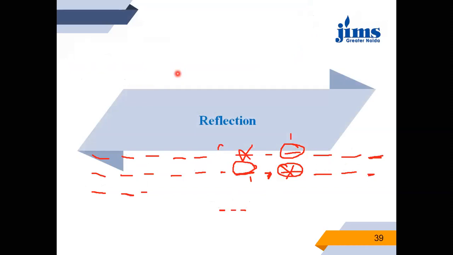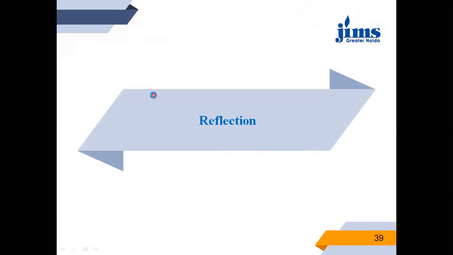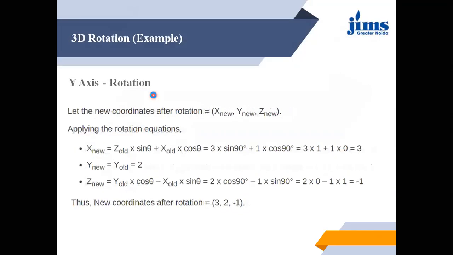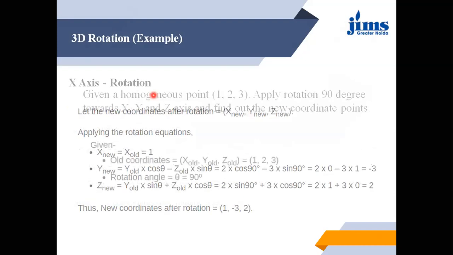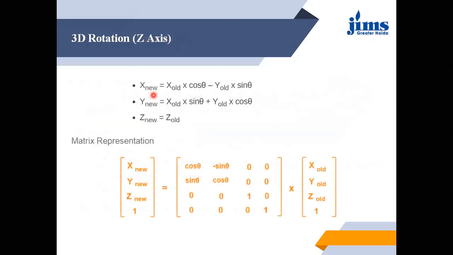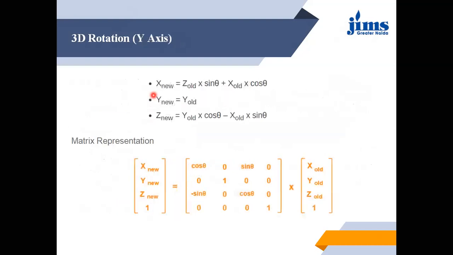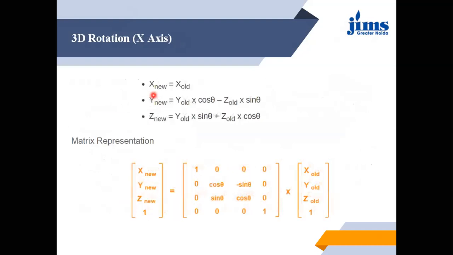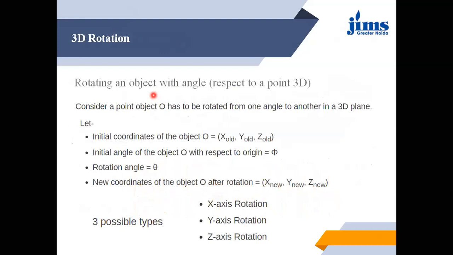So these are the final values of the object with respect to the rotation in different axes. In rotation, we discussed that when an object is going to be rotated, it can be rotated in three ways, that is with respect to x-axis, y-axis, and z-axis.